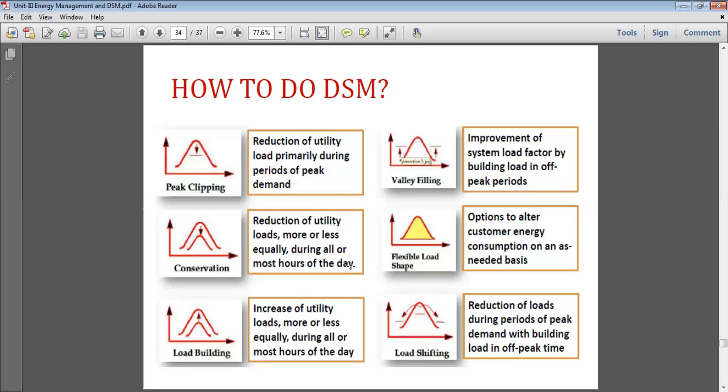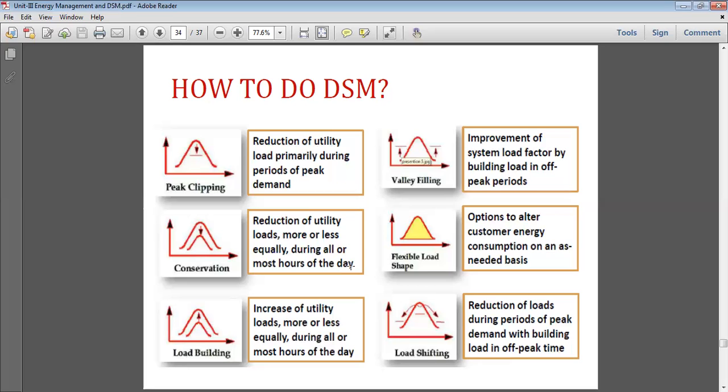Similarly, for a machine which is going to run 24 hours, if I replace the machine by an energy efficient machine or reduce the losses, definitely it will give more attractive saving. Whereas for a machine which operates only for 2 or 3 hours, the saving of energy and saving of money is very small, and the payback period will be very high, isn't it?